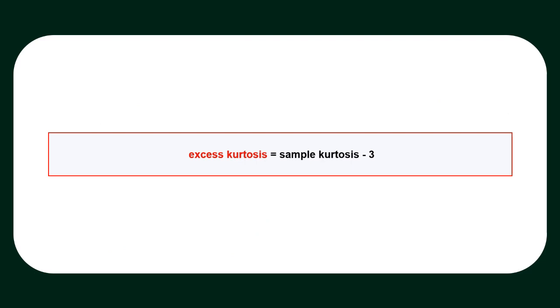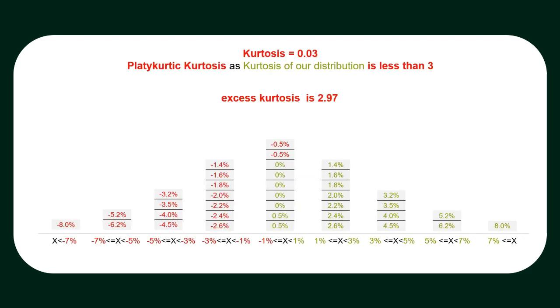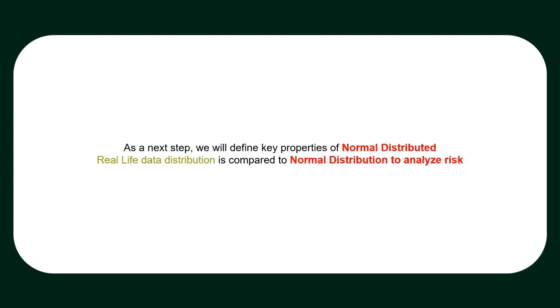Kurtosis value higher and lower than 3 is called excess kurtosis. Leptokurtic has positive excess kurtosis and platykurtic has negative excess kurtosis. Our data observation has excess kurtosis of negative 2.97.